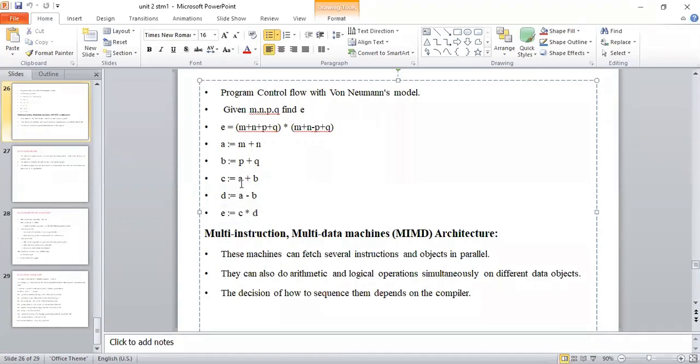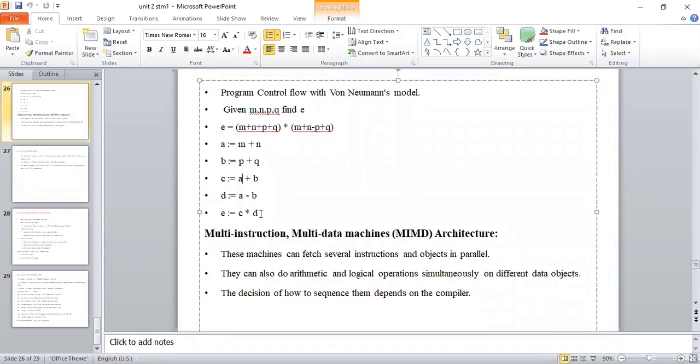C will contain an operation A plus B, and D will have an instruction A minus B. Again, C will have A plus B, and A is again represented by another instruction, M plus N, followed by the final evaluation, E equal to M plus N plus P plus Q into M plus N minus P. This has to be executed.